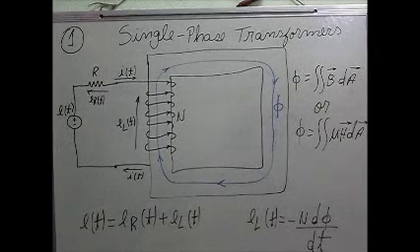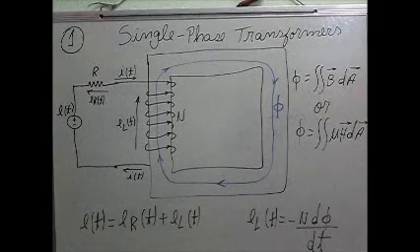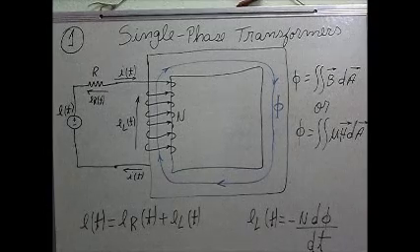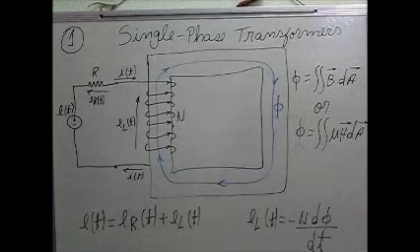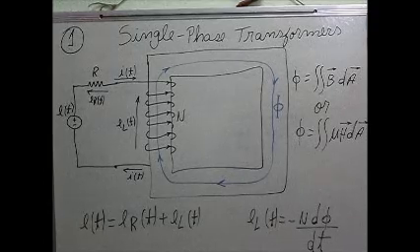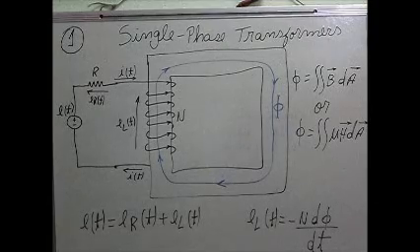It's the law of induction. You can further Google it if you find it necessary, but the law of induction simply says that if we apply a varying current to pass through the wires of that winding, which is a solenoid, an inductor.